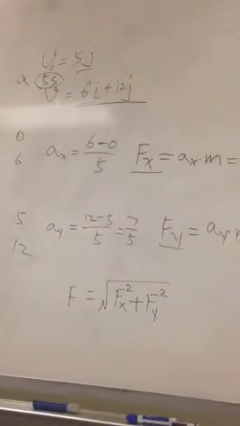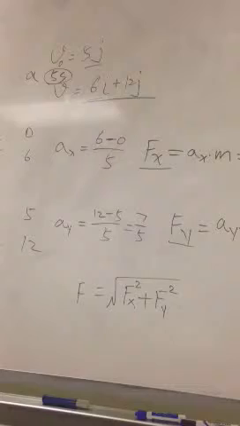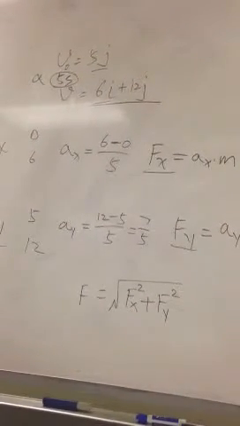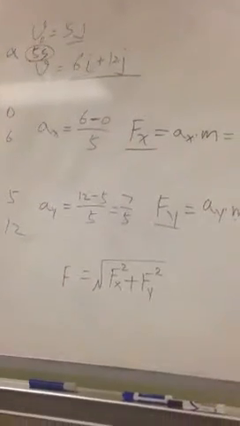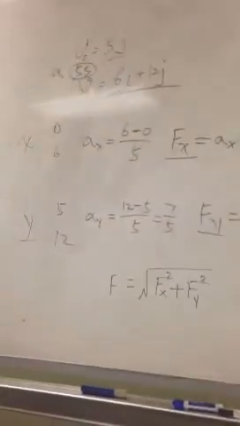So it's 1.5 times 6 over 5. So if you calculate, the answer is 2.8, once we do the square root. Calculate here, and then do the square root. Okay.